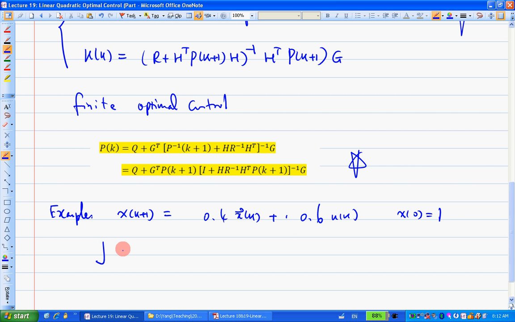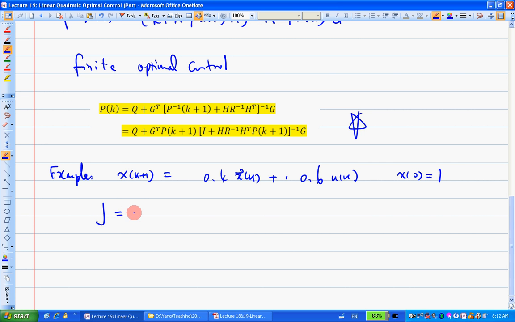So what we're doing is to determine an optimal control U such that this index here is minimized.